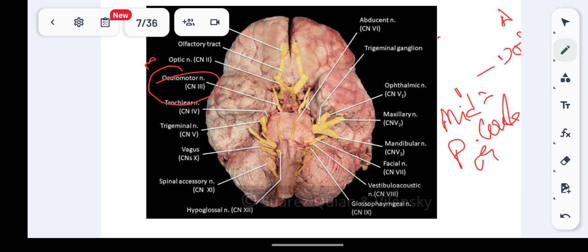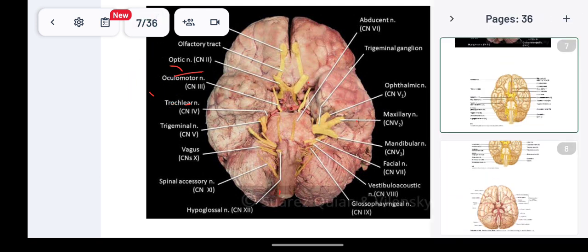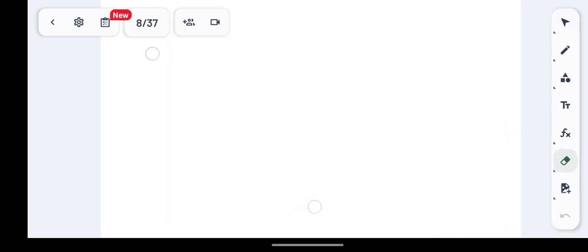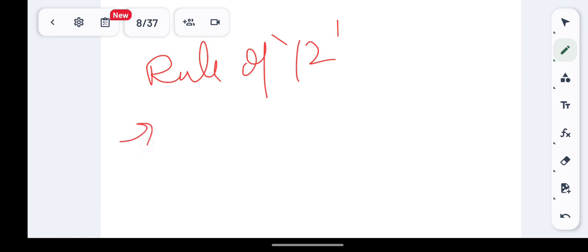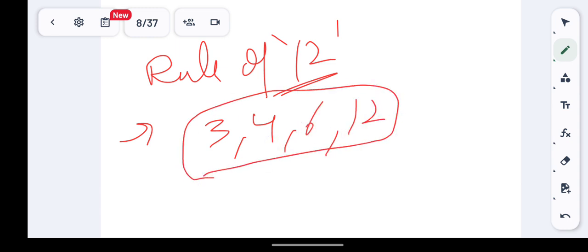So first we will see the rule of 12. Everyone knows the rule of 12, I think. It says that 3, 4, 6, 12, the factors of 12, are the medial nerves, meaning they will be on the medial side.